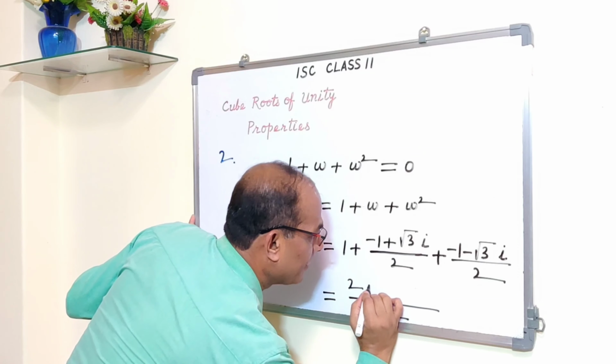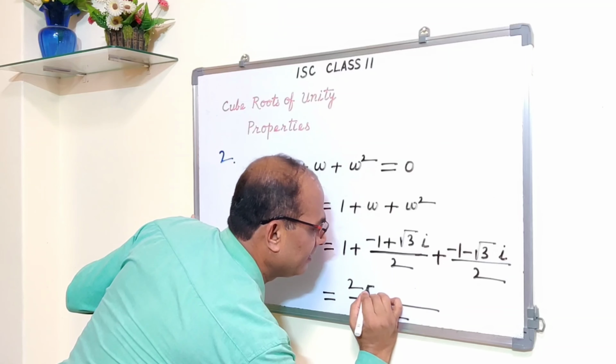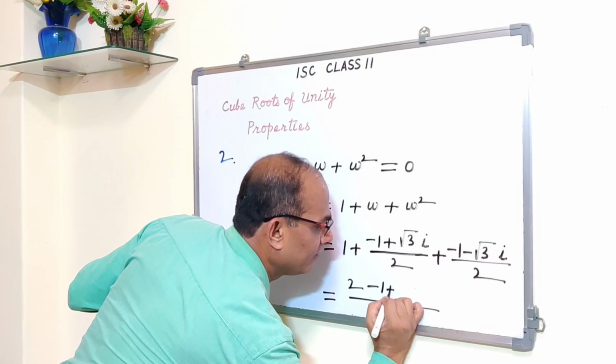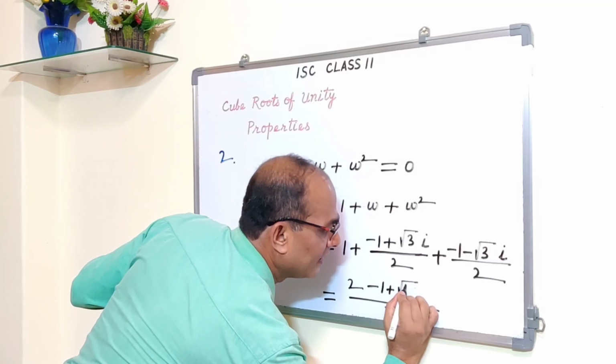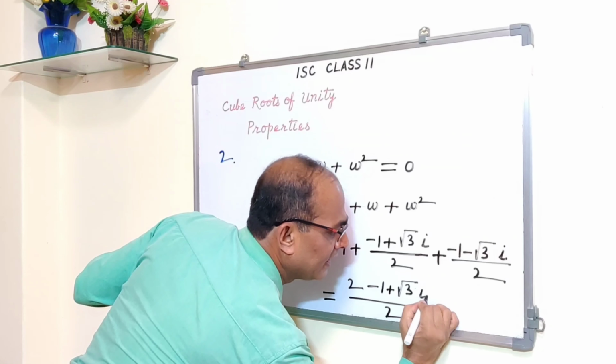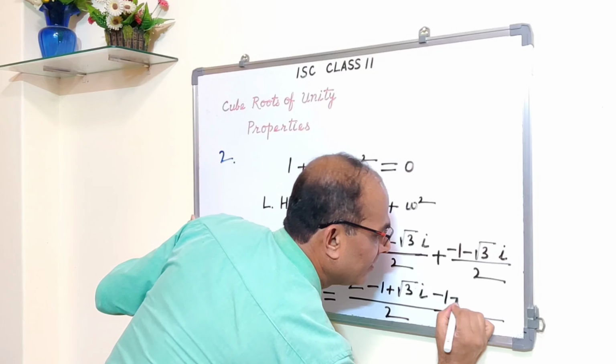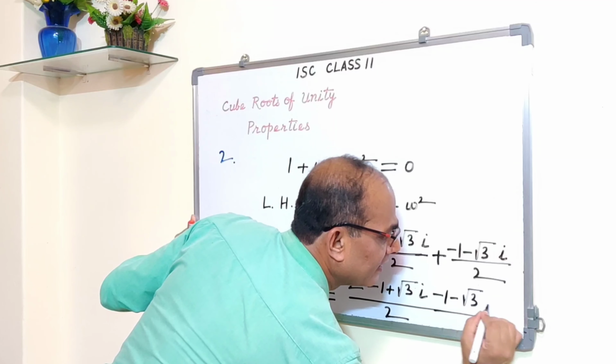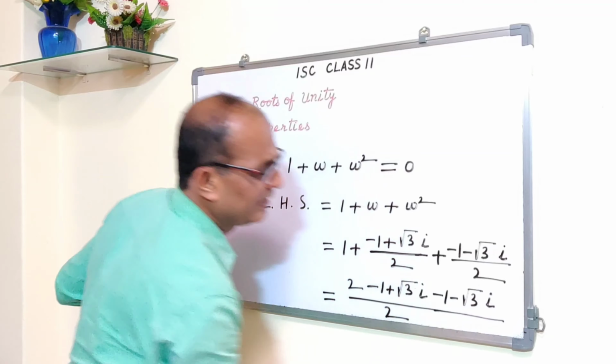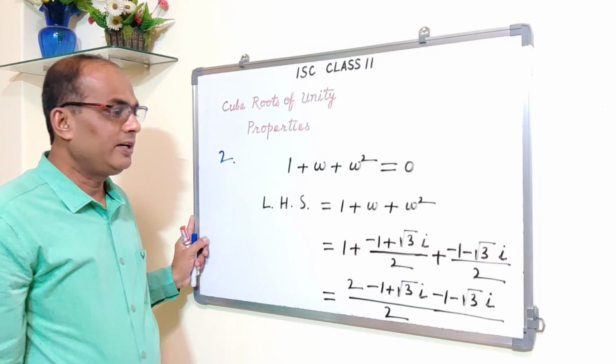And here minus 1 plus root 3i and minus 1 minus root 3i, if you agree. This is fine. Simple addition.